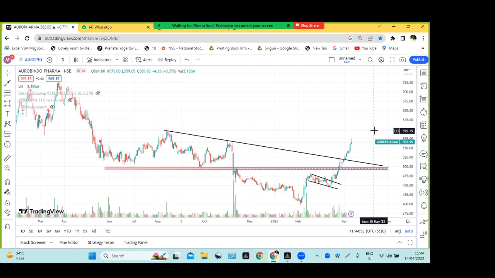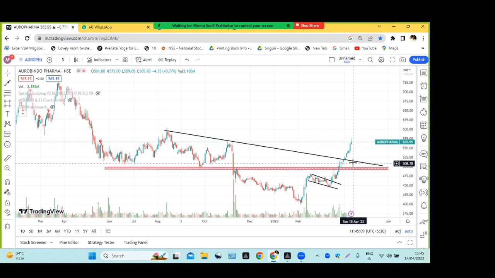Now, should we wait till here? No, we can enter even now. If we see any follow-up candle closing down from this candle, we can enter for a downtrend.